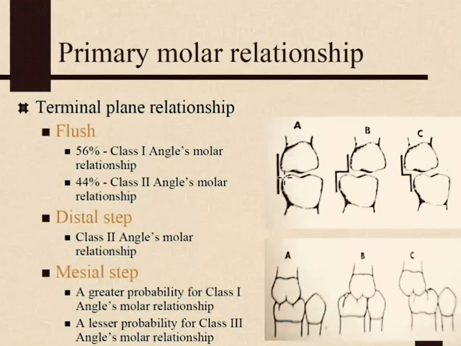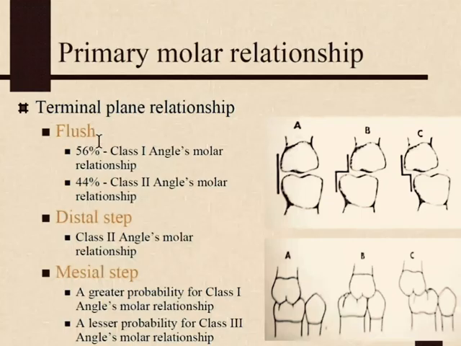It was described by Meyer, so sometimes we call it the Meyer relationship. We have three possible kinds of primary molar relationship: either straight, a step mesially, or a step distally. The straight one is called a flush terminal plane, or a straight terminal plane.